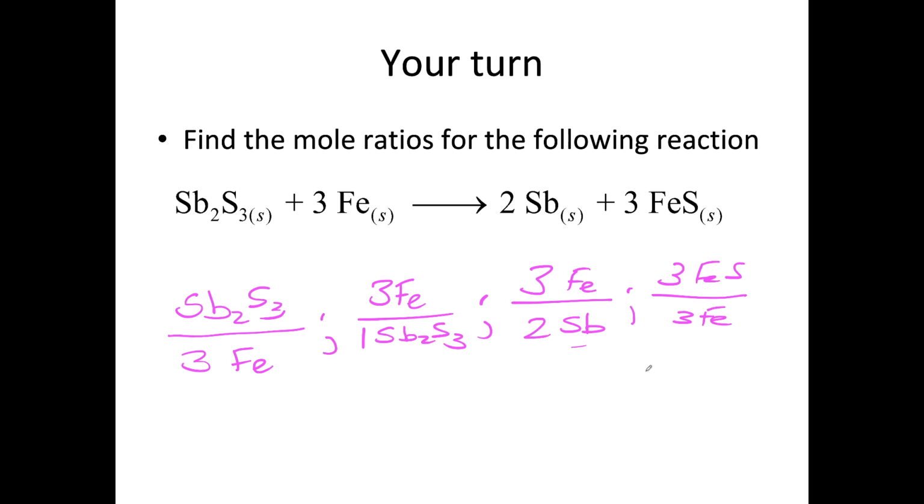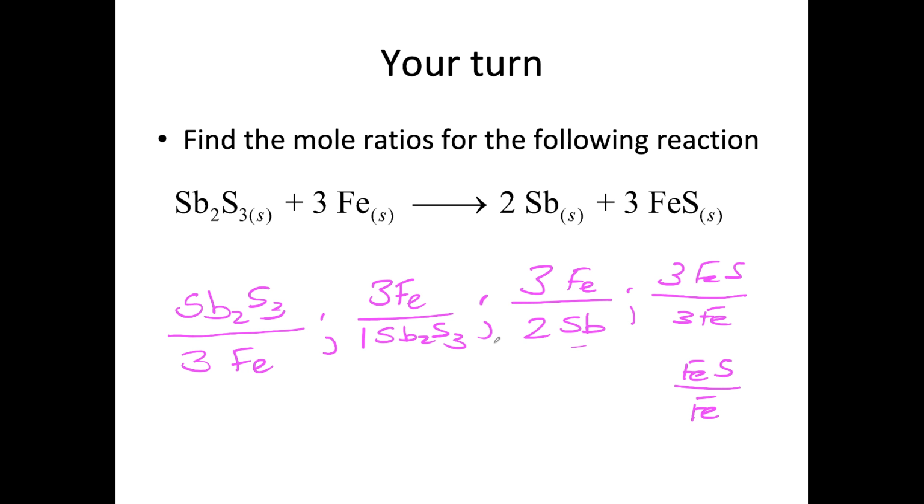You can use a 3 to 3, or you can go 1 to 1. It doesn't matter because these are the same ratios. These are some of the mole ratios you can find in a reaction. You could probably come up with a few more, but they will be equal.